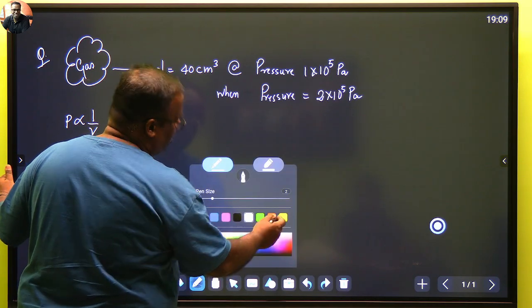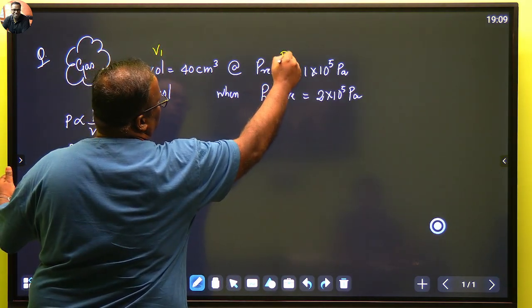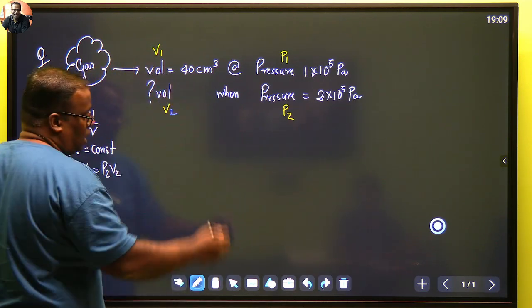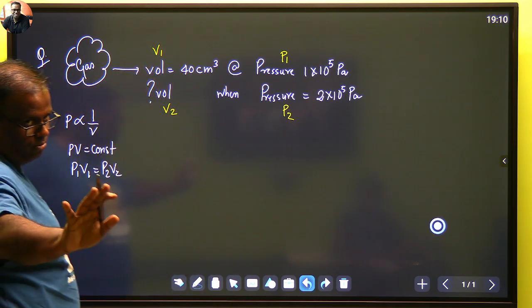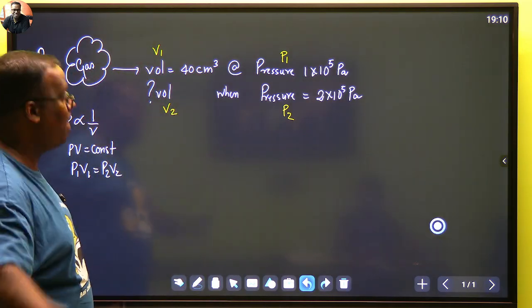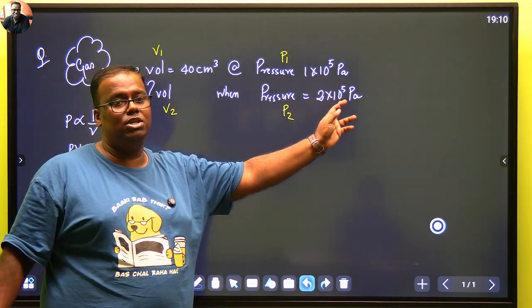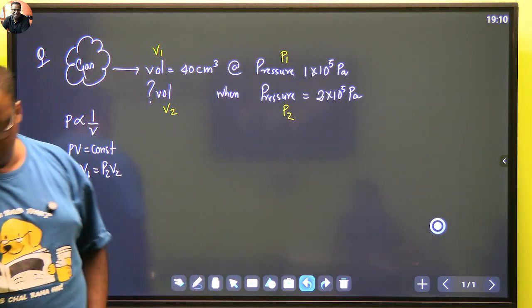Now, like good children, you can take this as your V1 and you take this as your P1, you take this as your P2, you take this as your V2. Can you solve the problem now? There is no temperature, children, mind you. So half the headache is gone. Just make sure both the pressures are measured on the same scale and the volume is measured on the same scale. Can you do this problem now?